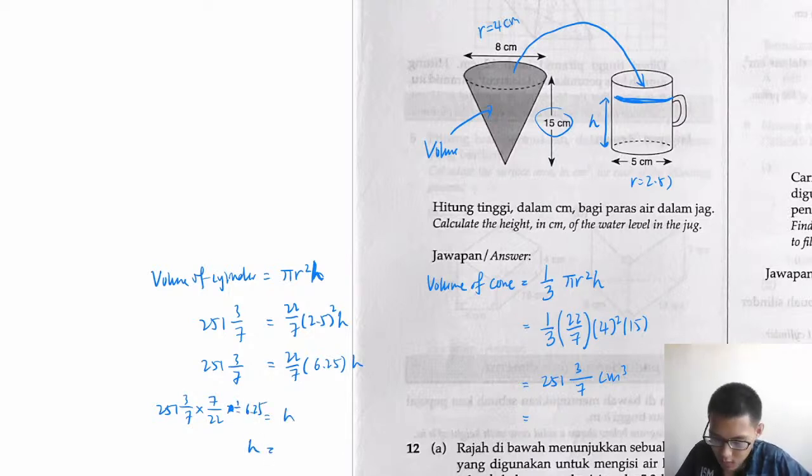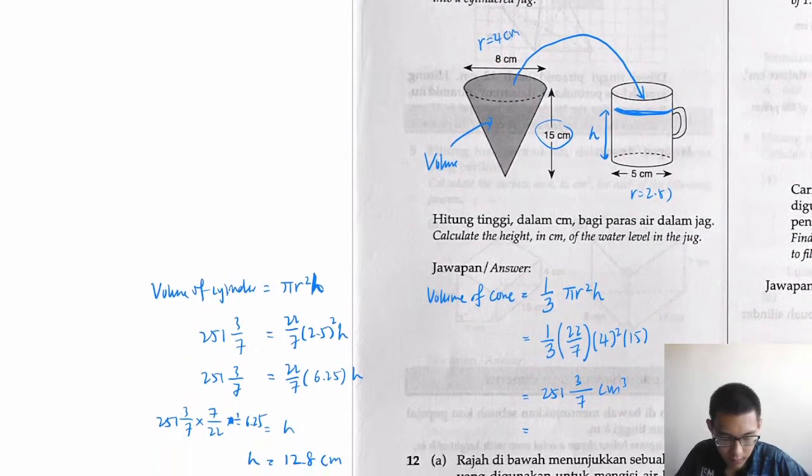So the h should be 251 and 3/7 times 7/22 divided by 6.25. We get h equal to 12.8 cm.